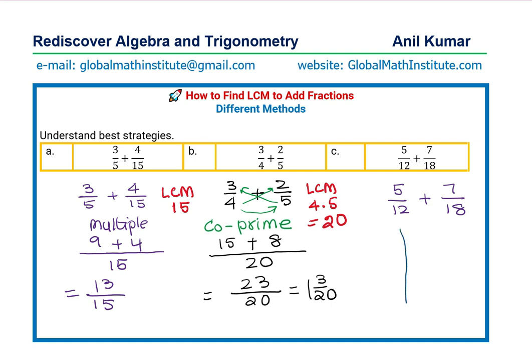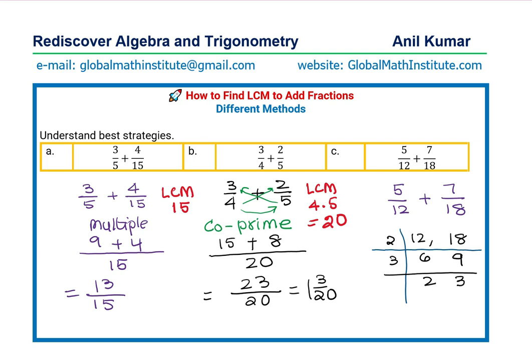In ladder division, we try to find the common factors. Numbers in the denominator are given to us as 12 and 18. We can divide both by 2 since 2 is a common factor. We get 6 and 9. And now we can divide by 3. 3 times 2 is 6 and 3 times 3 is 9.